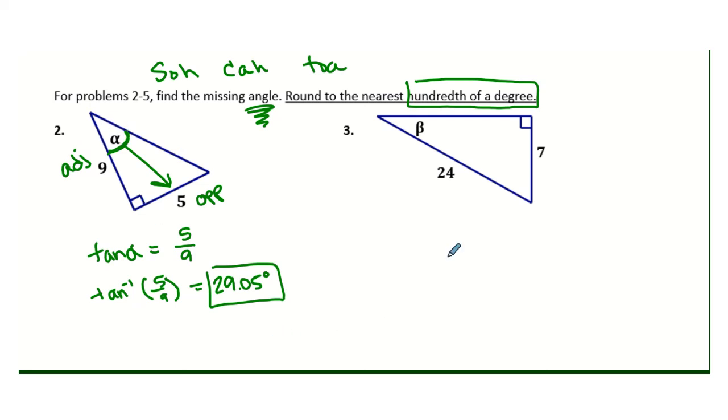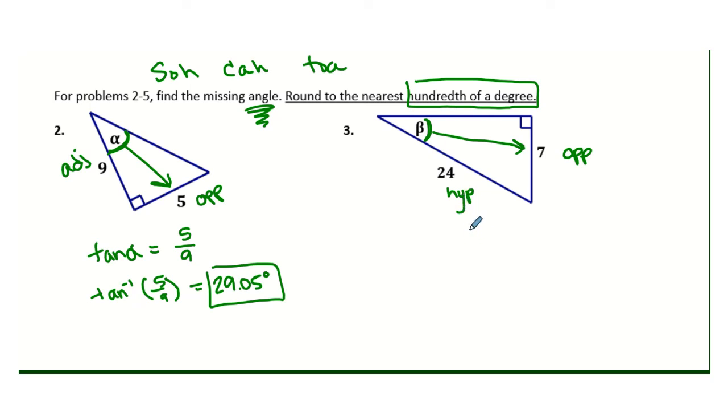What I'd like you to do is go ahead and pause the video and find the measure of angle beta. So for beta, opposite of beta is 7, and then the hypotenuse is 24. This is the hypotenuse because it is opposite the 90-degree angle and it is the longest side.